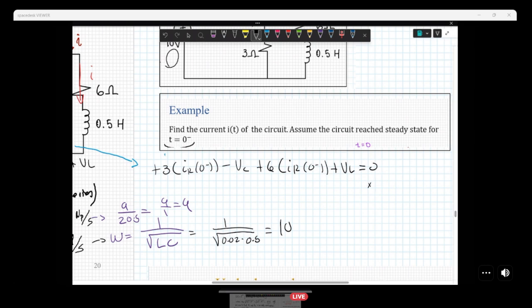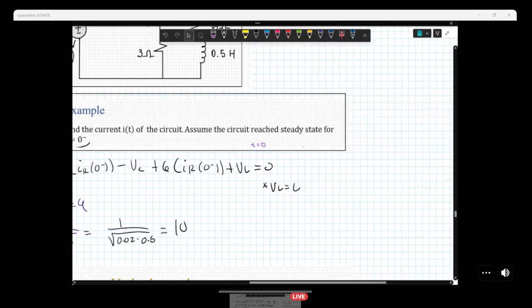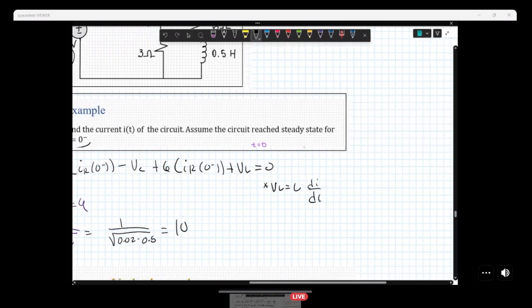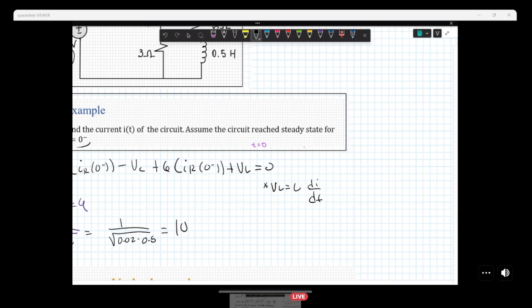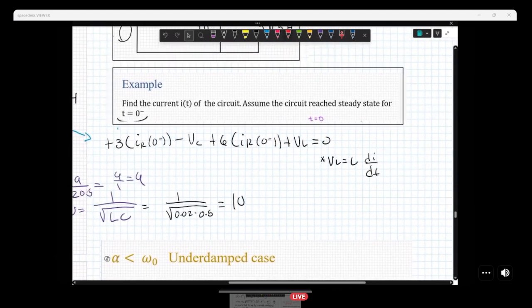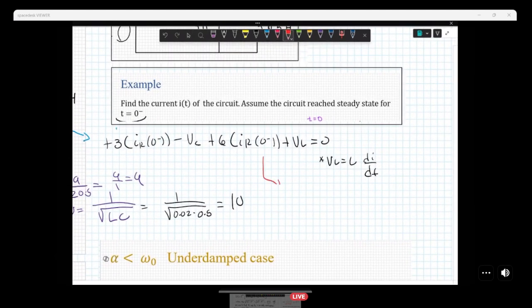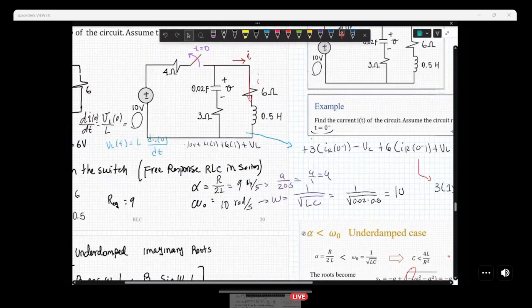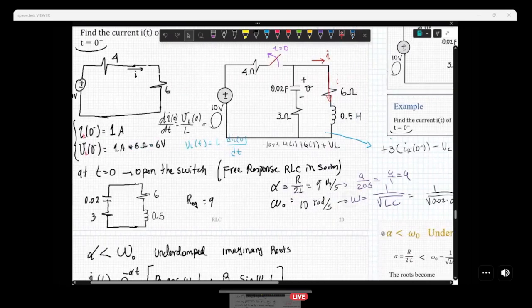So we know the formula for V_L is equal to L di/dt. So this formula becomes 3 times 1 minus V_C, which we already know, which is 6 volts.